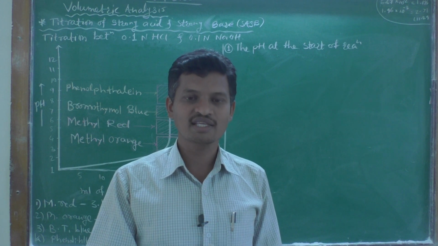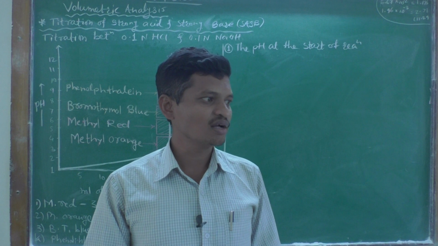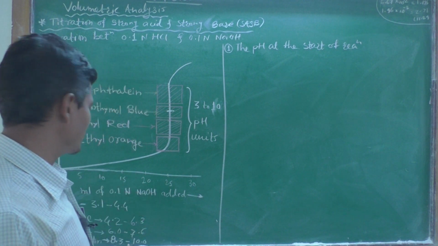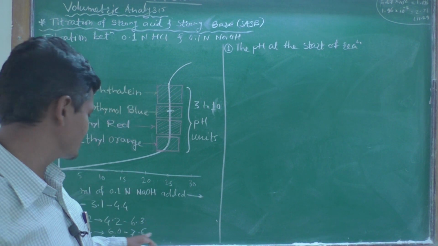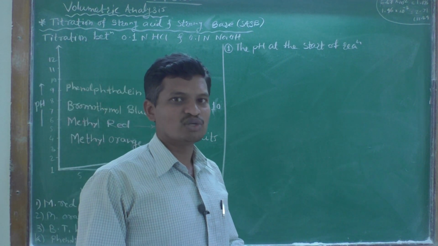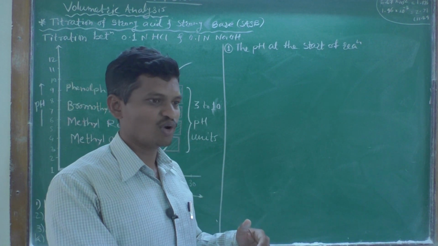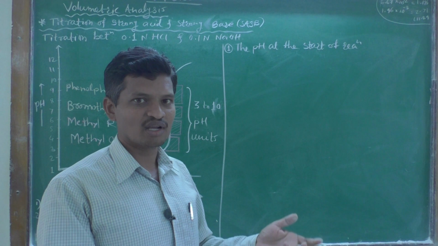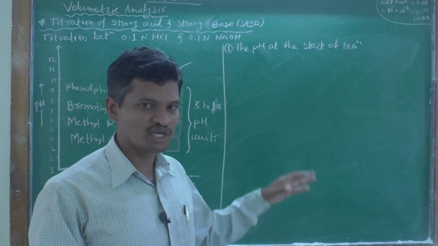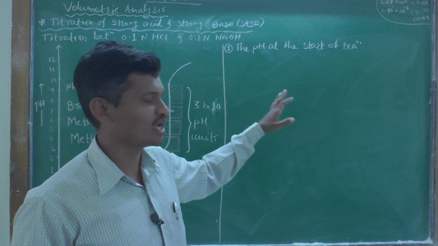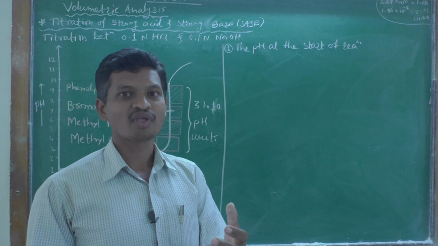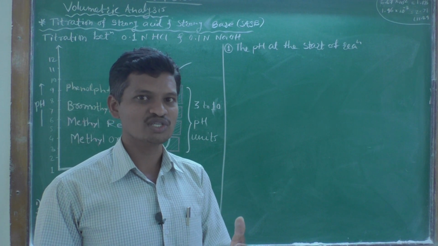And before starting the titration, we have to add some indicators. We know that all these 4 indicators are suitable, but the best indicator is bromothymol blue. Here we are not determining which indicator we have to add, or the color of that indicator in acid and basic condition. There is no need here, we only have to calculate the pH values. So before the start of the titration, in the conical flask we have only 0.1 normal HCl solution, that is hydrochloric acid.